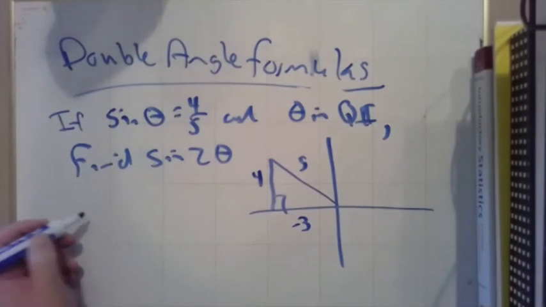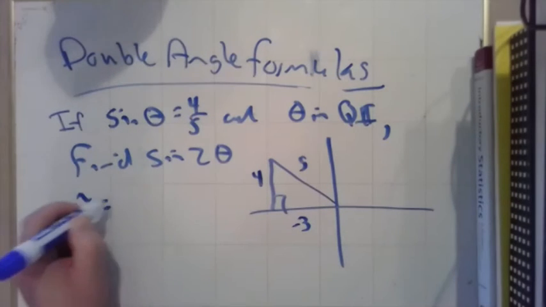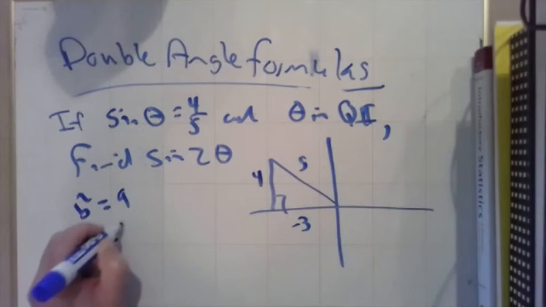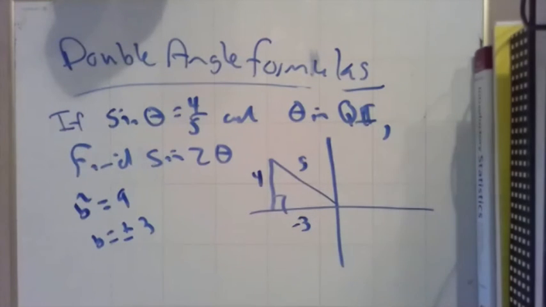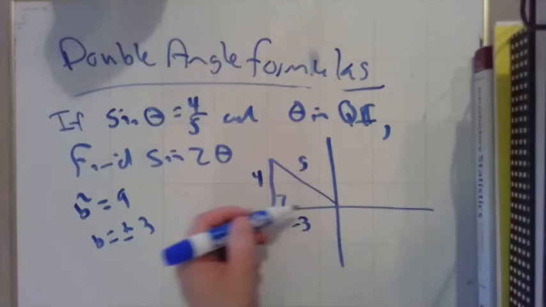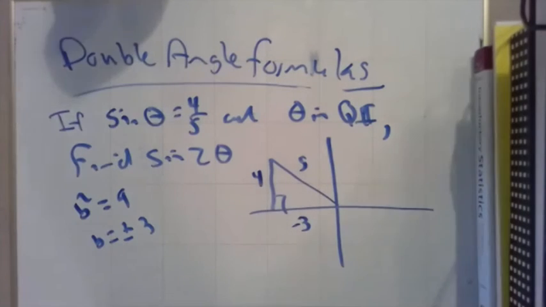Pythagorean says, well, let's do it. You get b squared equals 9. So b is plus or minus square root of 9. You have to put in the minuses yourself. We're here in quadrant 2, that's a negative x value.